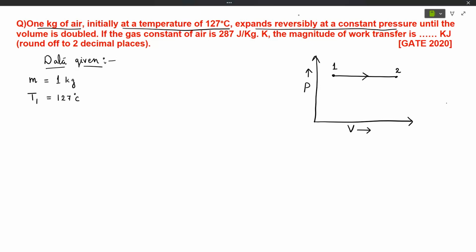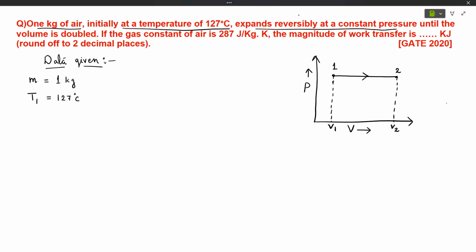Initially the volume is V1, and after completion of the constant pressure process, the volume becomes V2.